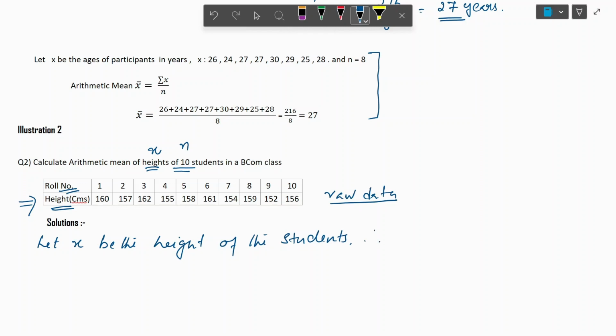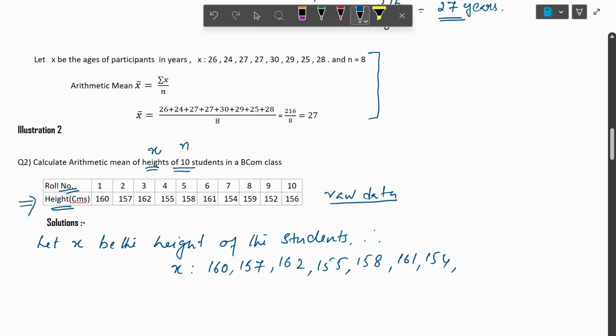Therefore, x equal to, write all values, 160, 157, 162, 155, 158, 161, 154, 159, 152, 156. 10 values. 1, 2, 3, 4, 5, 6, 7, 8, 9, 10. Count it always. In case if you miss one value, then also the answer is going to be wrong.